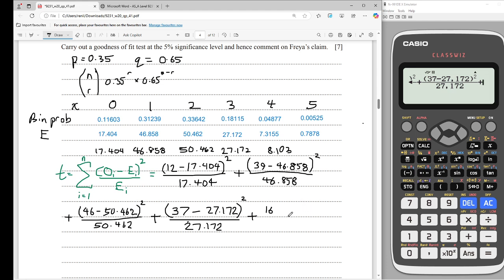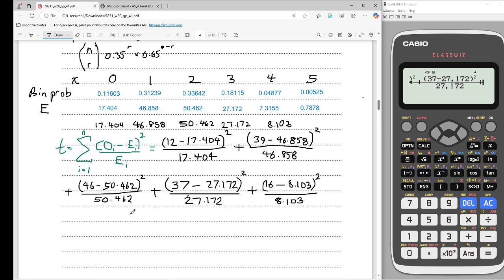Our expected frequency is going to be 8.103, and like before, we whole square the difference and divide by our expected value, and doing all this will give you our test statistic t.